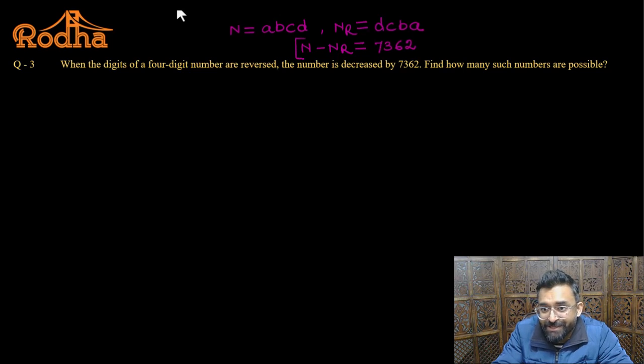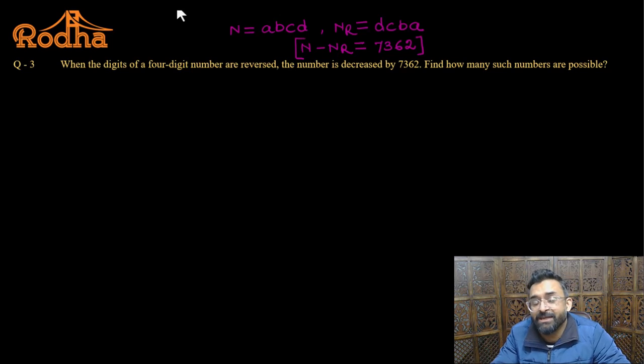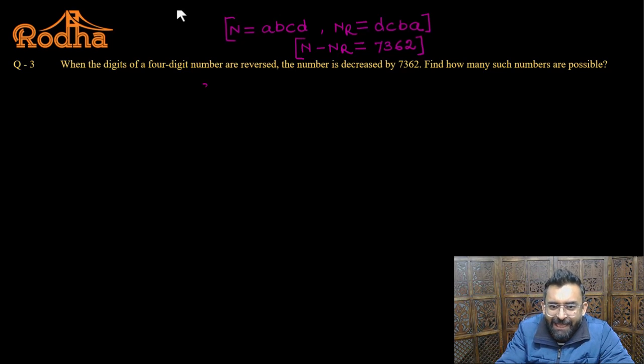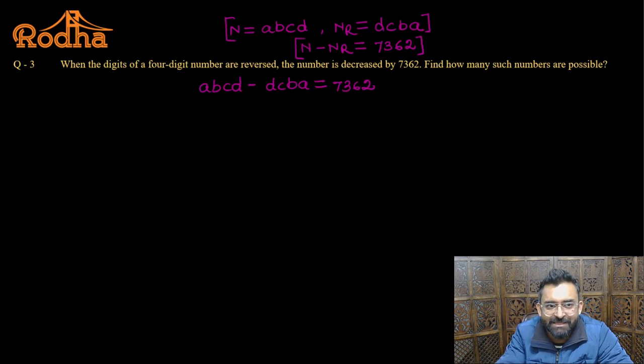The number is decreased, so if I subtract the new number from the original number, I should get 7362. I could have written dcba plus 7362 is equal to abcd, but it will not be much of a difference. Both are the same thing. So abcd minus dcba is equal to 7362, and we know the expanded form of this. How do we expand?